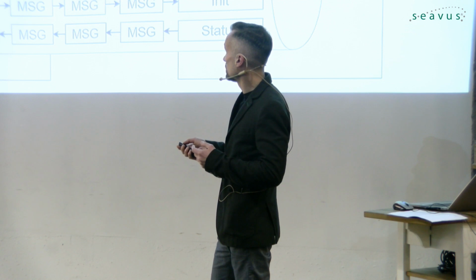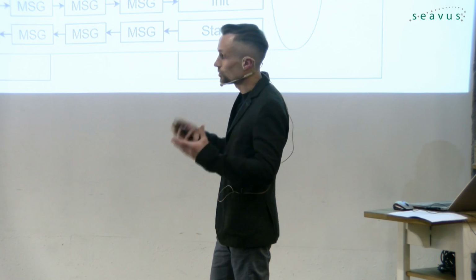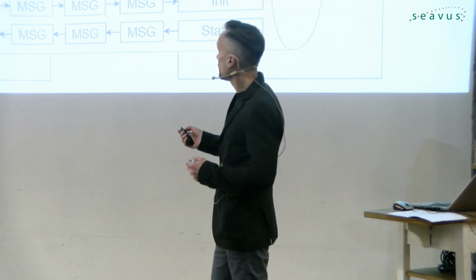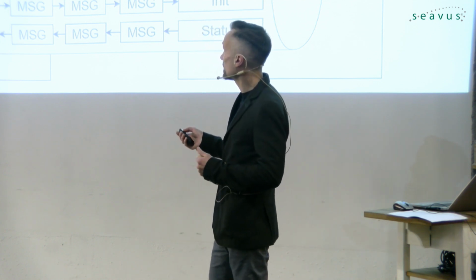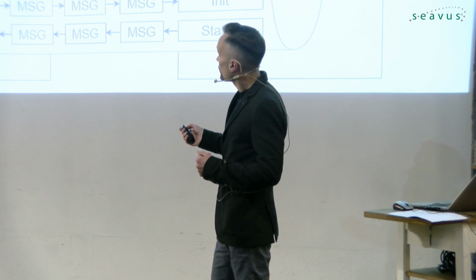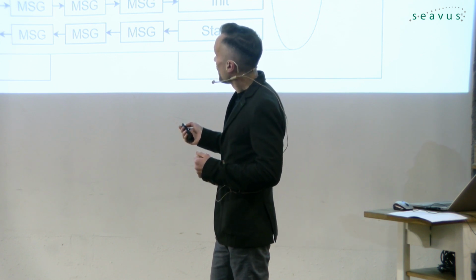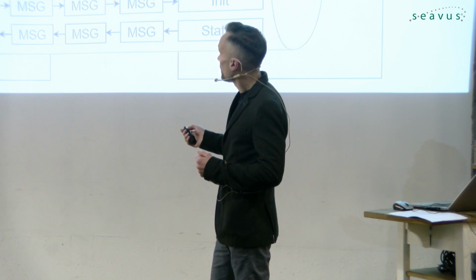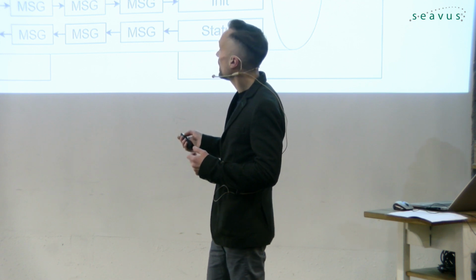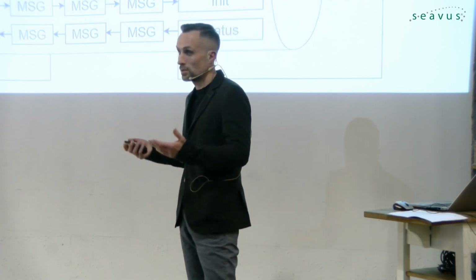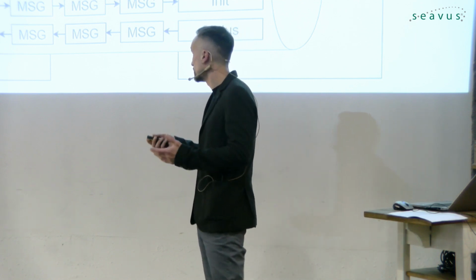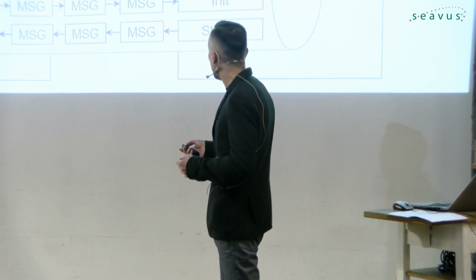In WCF we had a proxy. With gRPC we have a client which is automatically generated by the gRPC library. You just create an instance of the client, pass the channel as a parameter, and you will have these two methods on your client, and you can just call them as you regularly do with your C# methods.